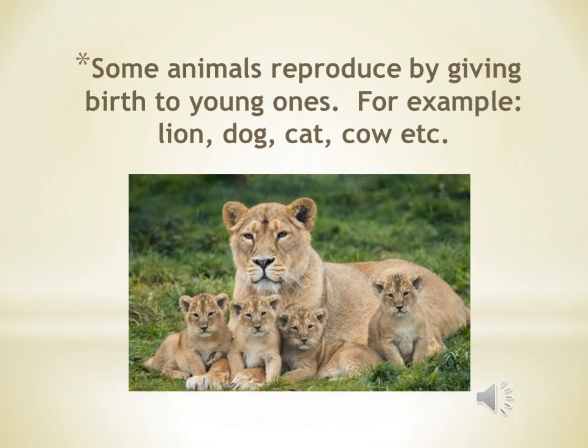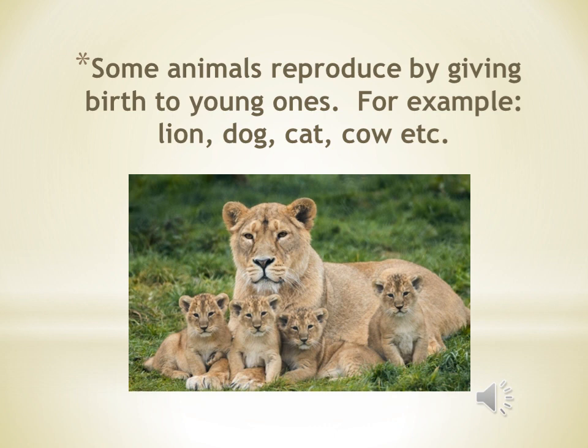On the other hand, some animals give birth to young ones. Means they do not lay eggs from which the young one comes out. They directly give birth to their young ones, means babies. They directly deliver their babies.